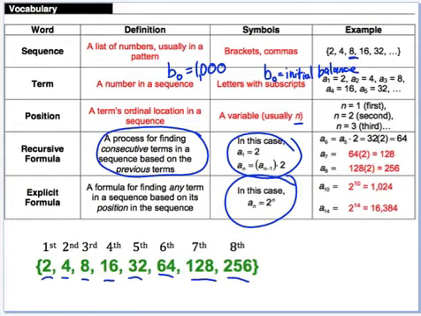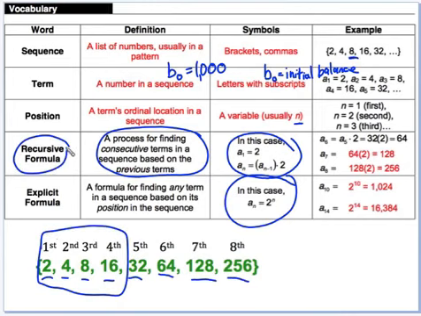One thing that you're going to notice is when you only want to know, let's say, the first 4 terms, it's really easy to do the recursive formula. But when you're looking for the 10th term, or the 100th term, or the 1000th term, it would be a pain to find all the terms before that.